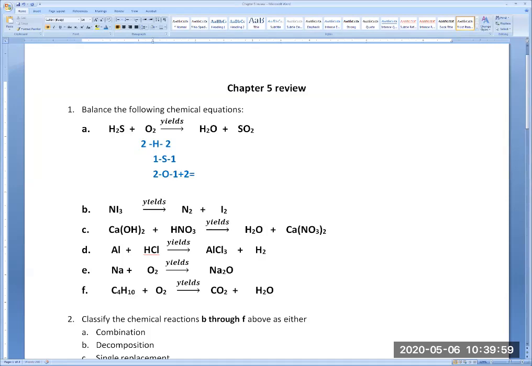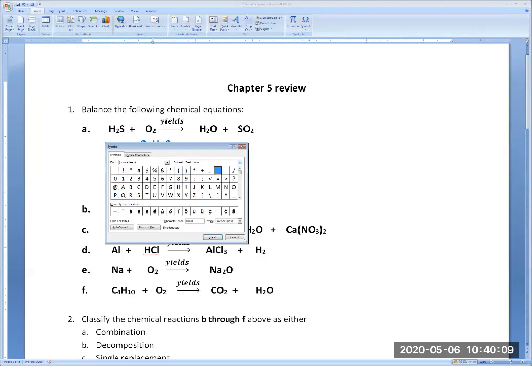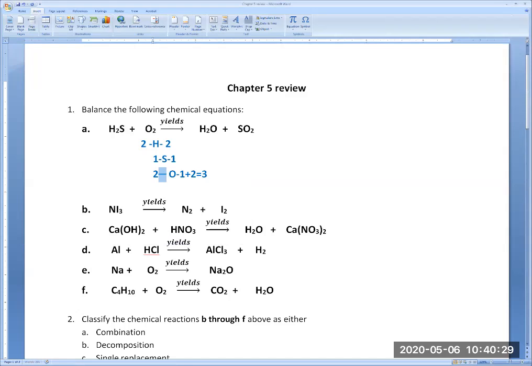So that means 3 on the right. I wish these were bigger. Let me just change those because otherwise we can get confused about what it means.